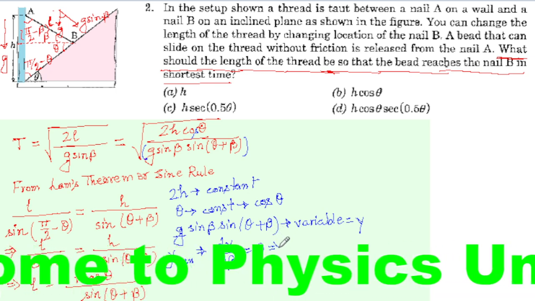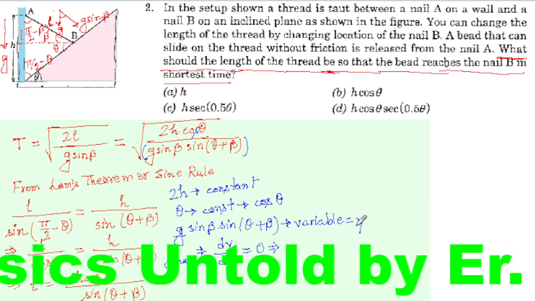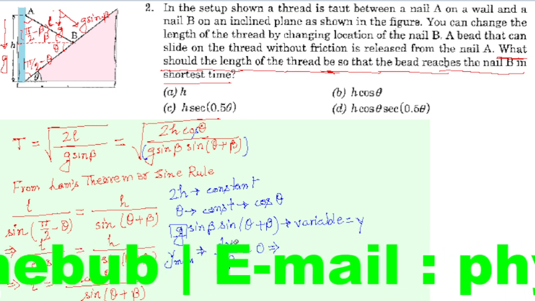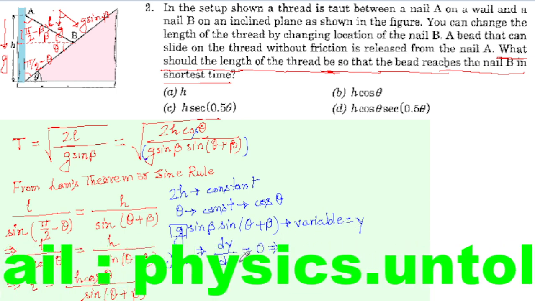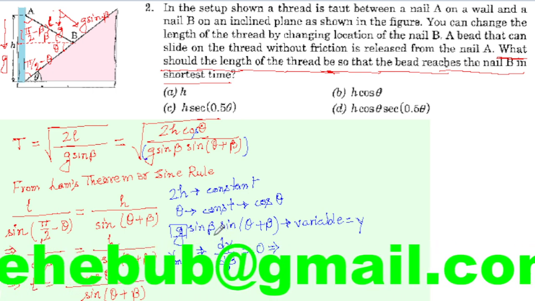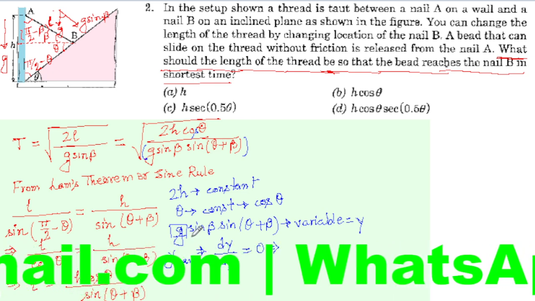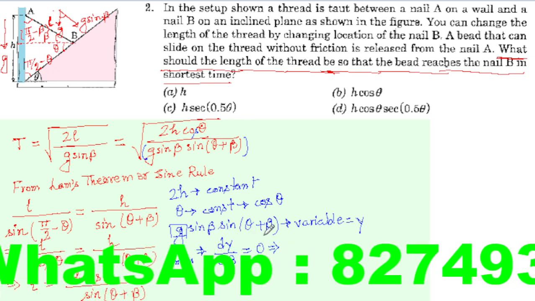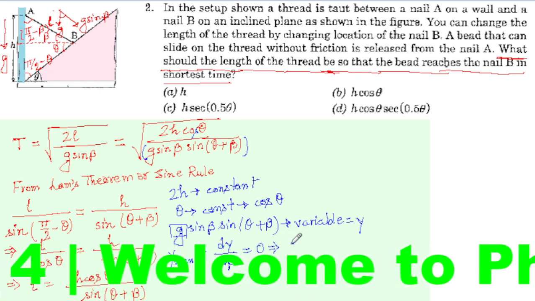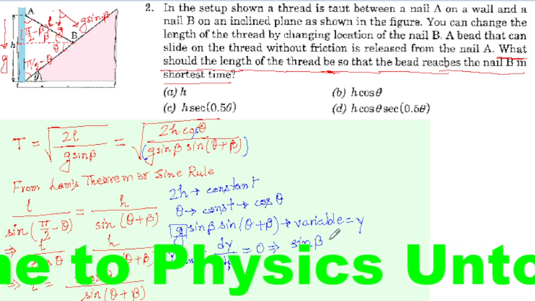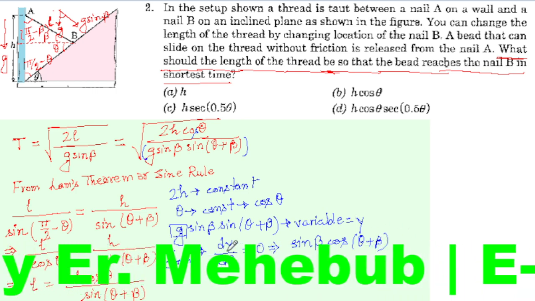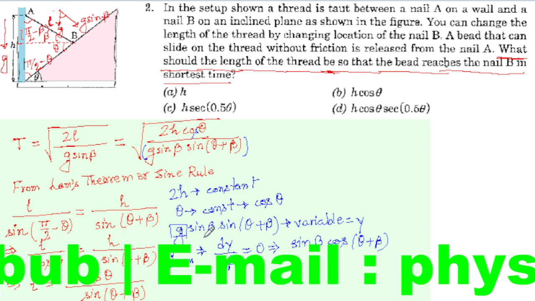Now if we differentiate this expression of y with respect to beta, dy by d beta is equal to the derivative of sine beta into sine of theta plus beta, which is sine beta cos of theta plus beta, because sine beta is variable.